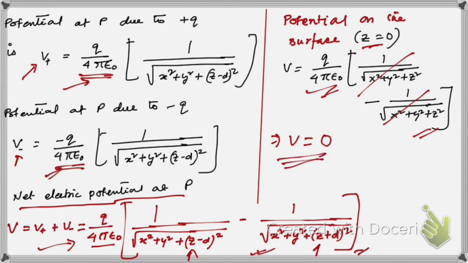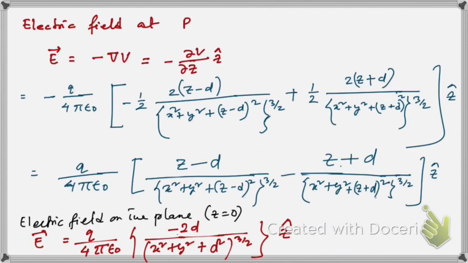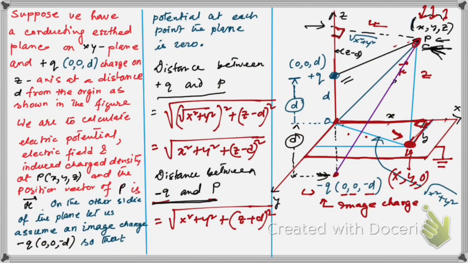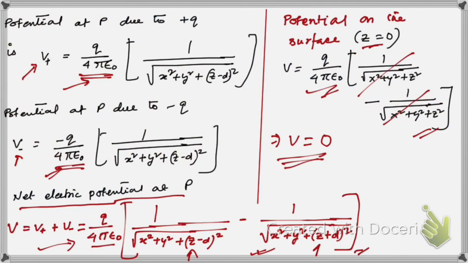So now let's move on to the next part, electric field, right? If you calculate the electric field at point P, we know that the electric field at a point P is equal to the negative gradient of potential. And here you can see that this conducting surface is an infinite conducting surface. Also, let me explain here.